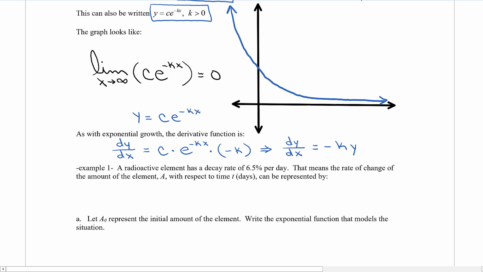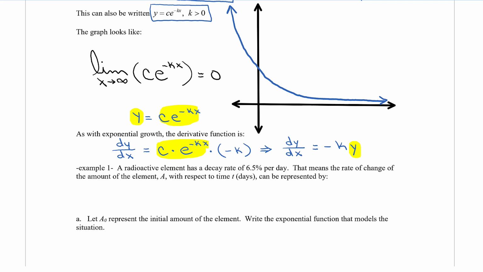Since y is equal to ce raised to the negative kx power, I can replace the ce raised to the negative kx power with a y. I have highlighted the y, and I have highlighted the ce raised to the negative kx power.